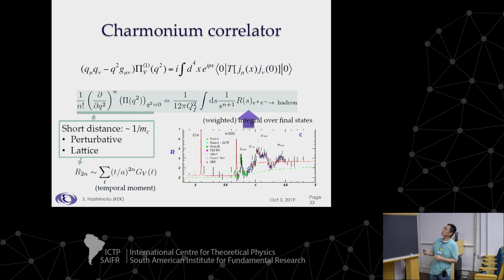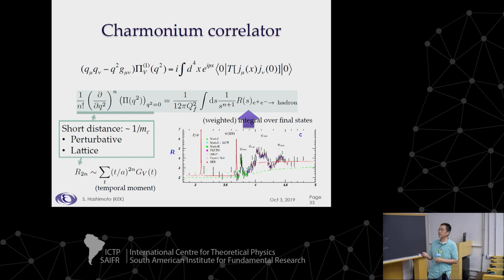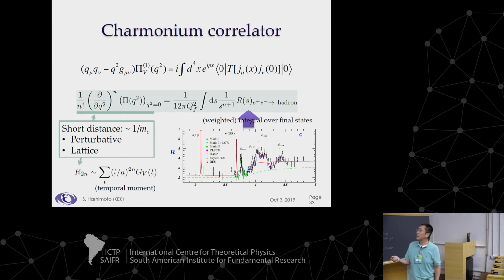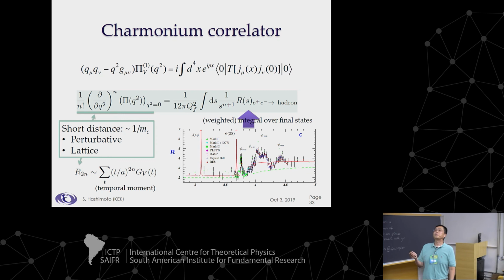For the Charmonium correlator, we can use Cauchy's theorem to relate the experimental data to the correlation function at q squared equal to 0 and its derivatives, and that can be calculated using lattice QCD. In coordinate space that is related to some time moments of the correlator.